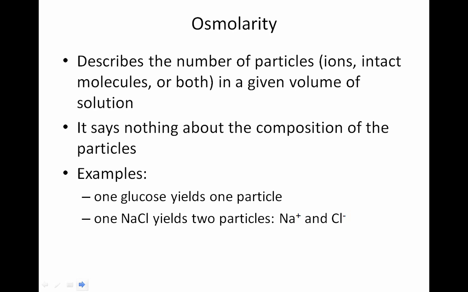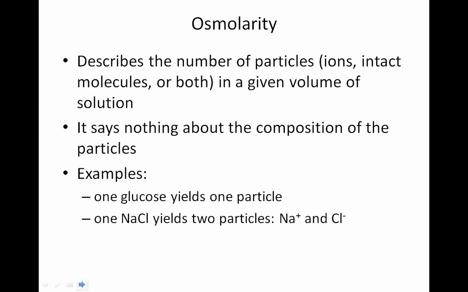For example, if you take glucose and put it in a solution, glucose doesn't dissociate, so every one glucose yields one particle of solute. But if you put in something like sodium chloride, each particle of sodium chloride is going to dissociate into sodium and chloride. And so the osmolarity is going to be twice what you expect for the particle. Does that make sense?